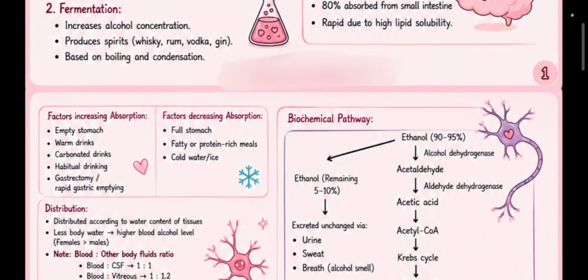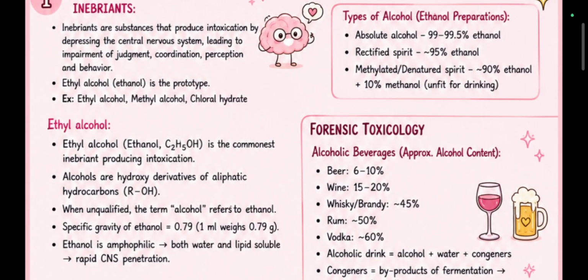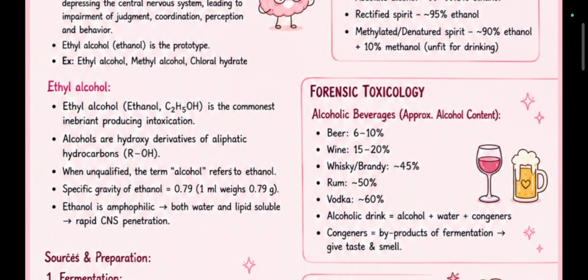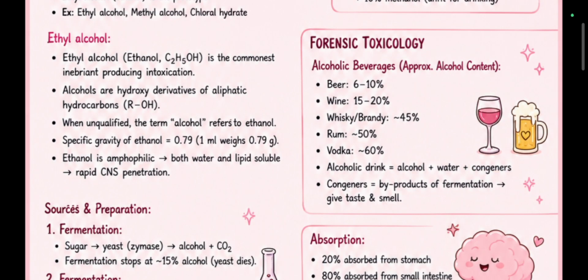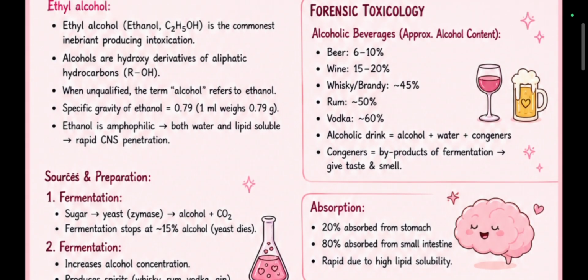What are the things we learned in this slide? Number one, what are inebriants? We learned a new term. Inebriants are substances which produce intoxication by depressing the CNS. We learned about ethyl alcohol: 0.79 is the specific gravity, and it is amphophilic. Sources and preparation: fermentation, sugar, yeast, zymase. Alcoholic beverages, 6 to 10 percent. Remember, the highest concentration is in vodka, 60%.